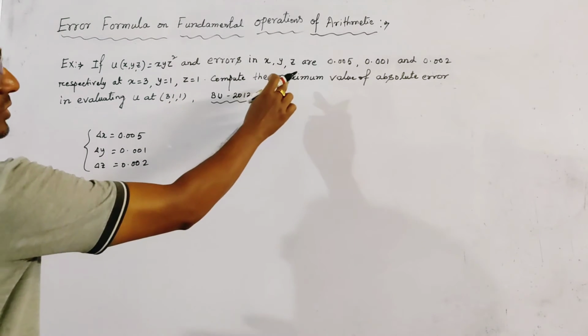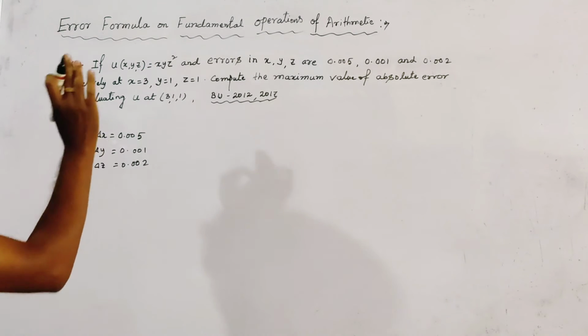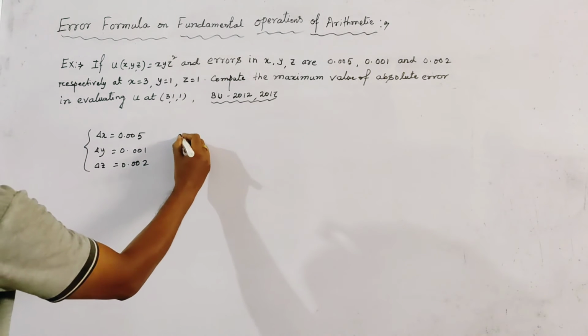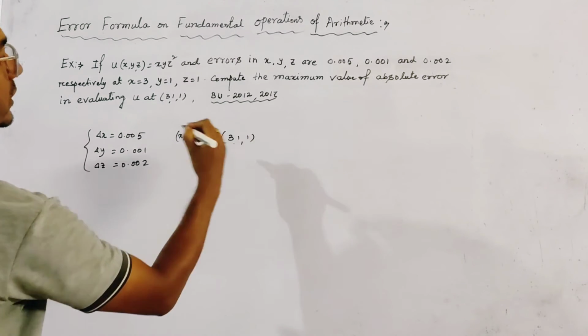We have to compute the maximum value of absolute error in evaluating u at (3, 1, 1).